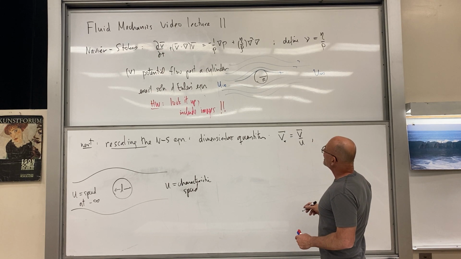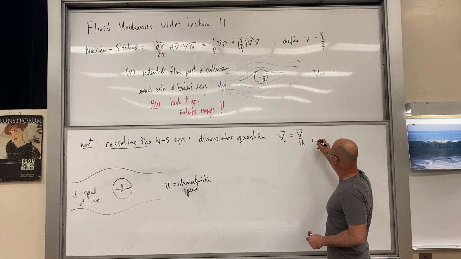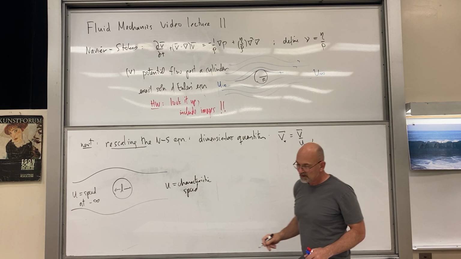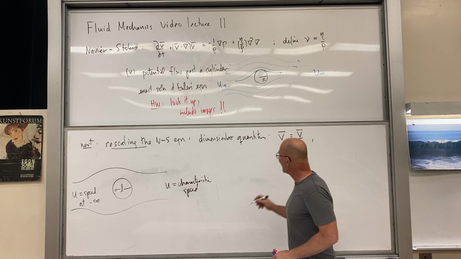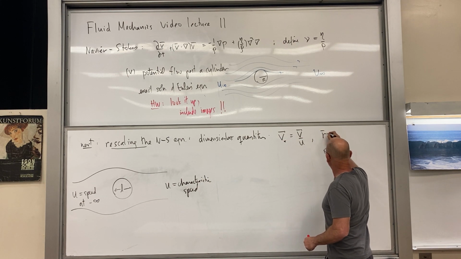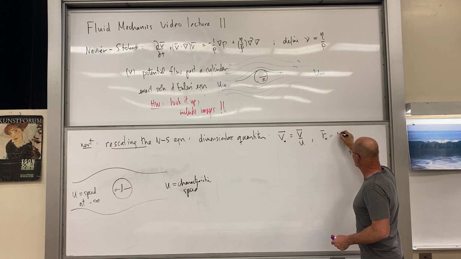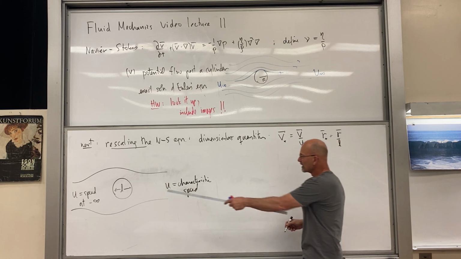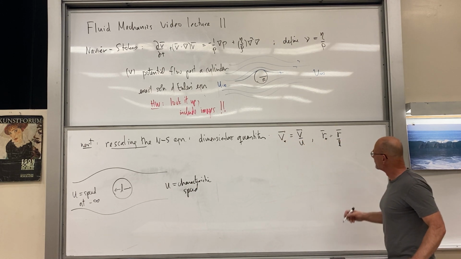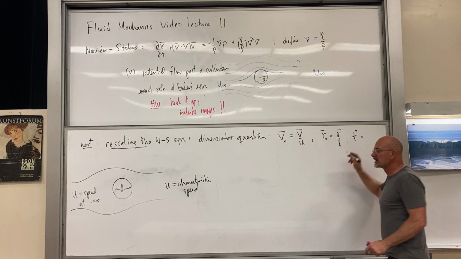And we'll also introduce the position, R star, which would be R divided by L. So we've got U and we've got L there. And T star, this one can be done differently.